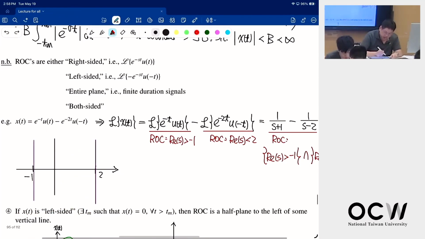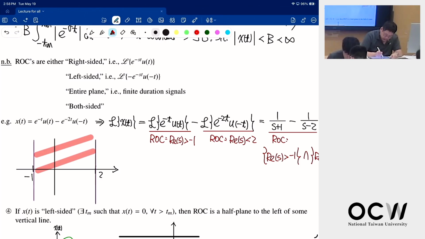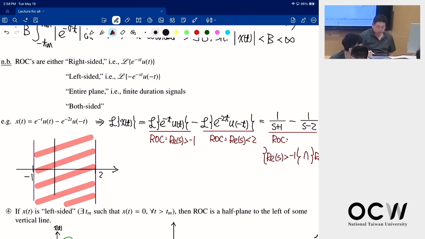So we have this region. There will be the region of convergence.